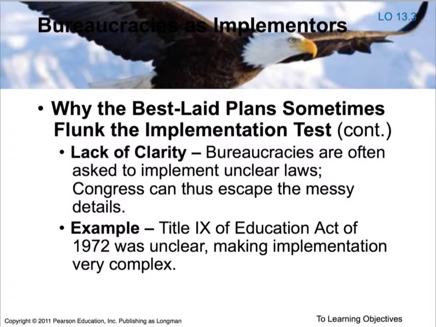Lack of clarity. Bureaucracies are often asked to implement unclear laws. Congress can escape the messy details. For example, Title IX of the Education Act of 1972 was unclear, making implementation complex. But it was fixed.